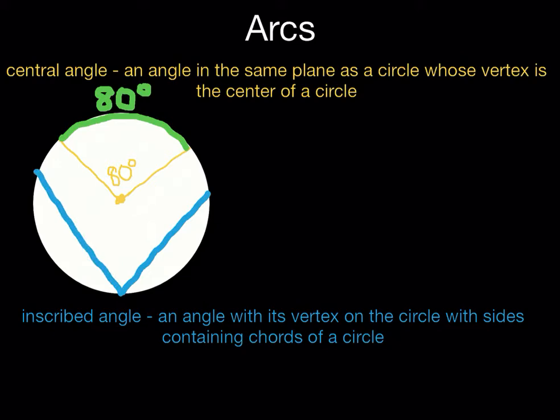That would be considered an inscribed angle. Now, there is a unique relationship between the inscribed angle and its arc that is formed, but we'll discuss that in another section. But for right now, you do need to know the difference between a central angle, which has its vertex at the center, and an inscribed angle, which has its vertex on the circle.